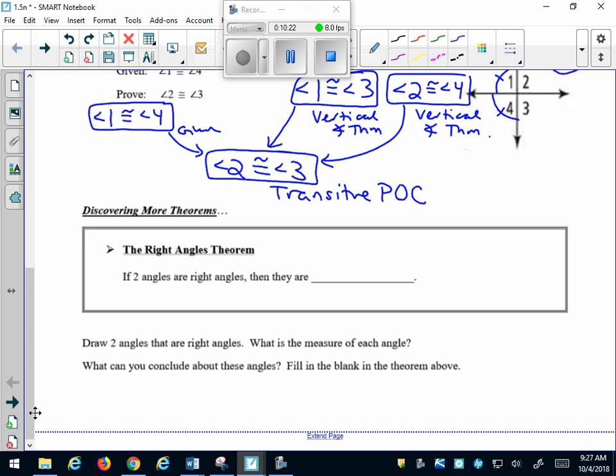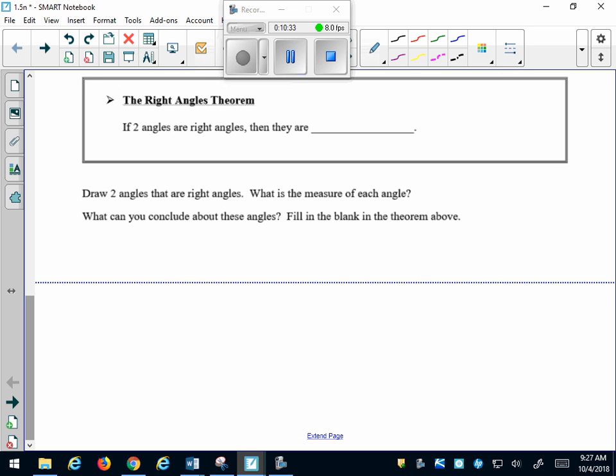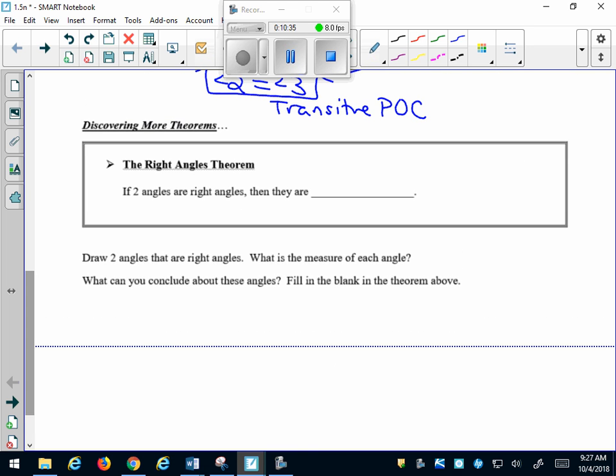Okay, this one is pretty common. The right angles theorem. And it basically says, if we have two angles that are right angles, what's the measure of each angle? Two angles are right angles. What's each angle going to be? 90 degrees, right? So the measure of each angle is 90. So if both angles are 90, then what can you say about these two angles?